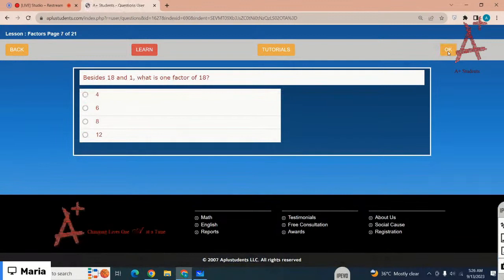Besides 18 and 1, what is one factor of 18? Which number can evenly divide 18? That would be 6. So the correct option is 6. Very good.